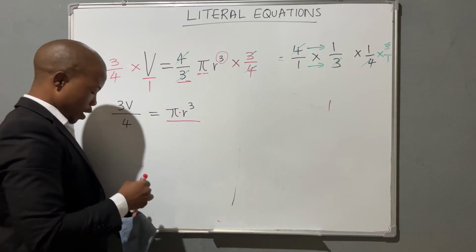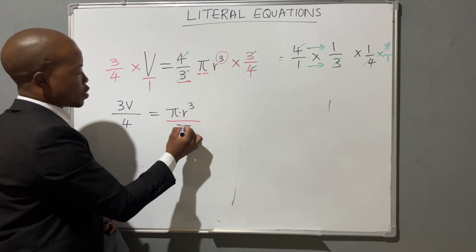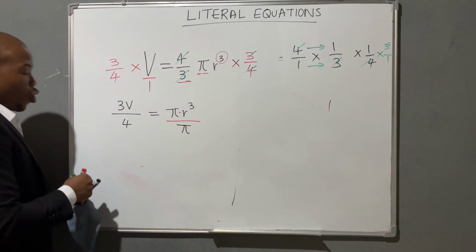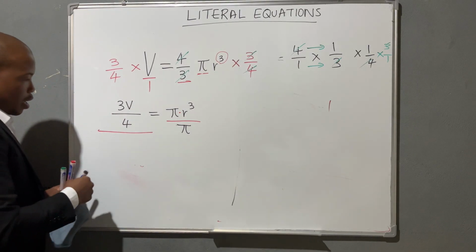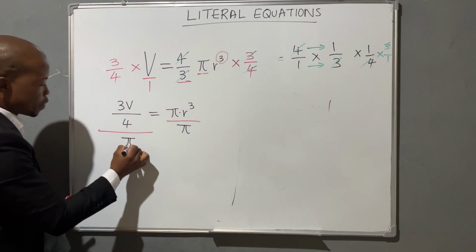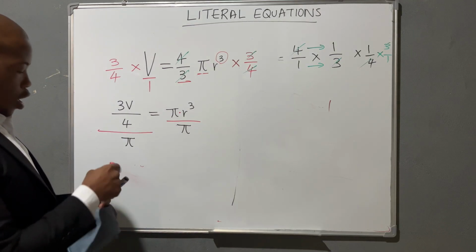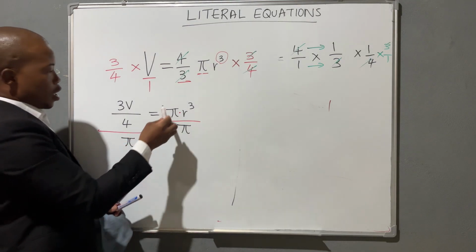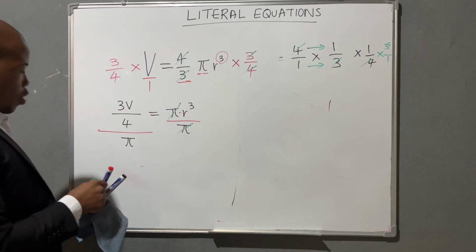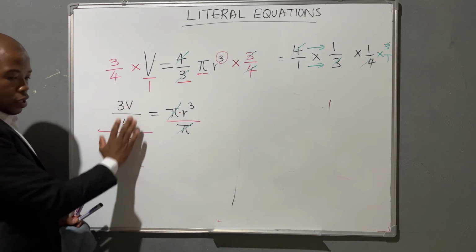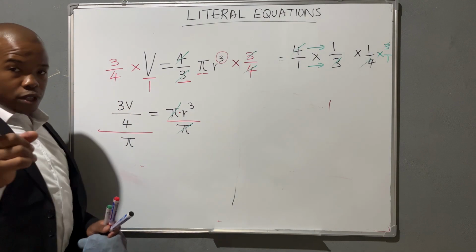Divide both sides by pi. This whole thing, we divide it by pi, right? In this case, this would get rid of this. But now, here's the trick.